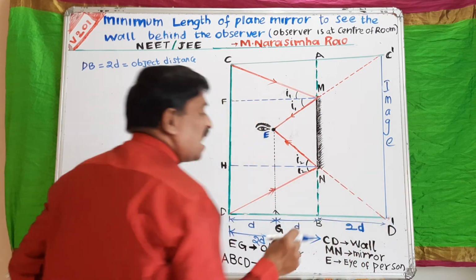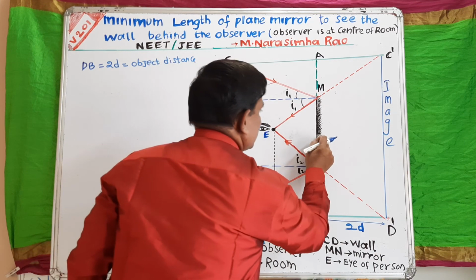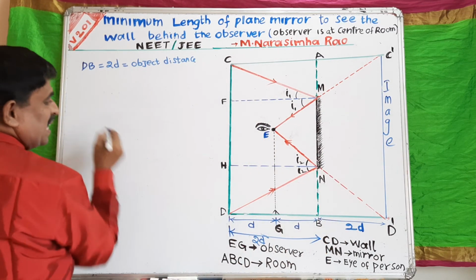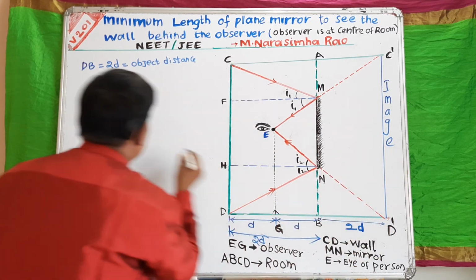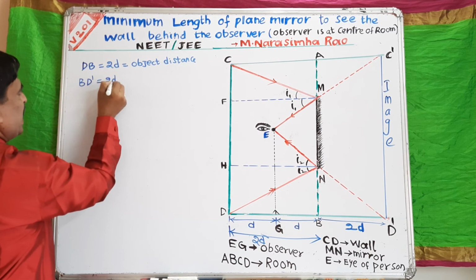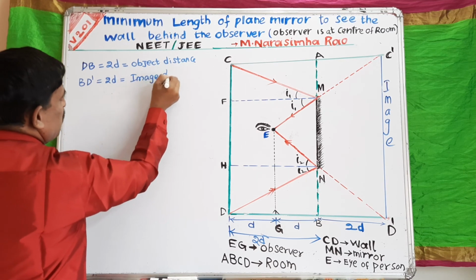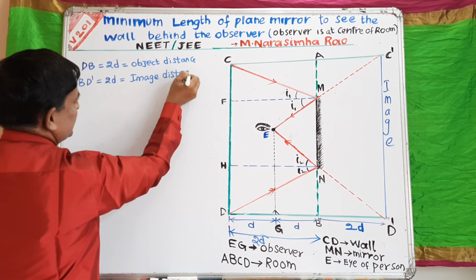Image distance is also 2D. In the case of a plane mirror, object distance is equal to image distance. BD dash is equal to 2D, nothing but the image distance.